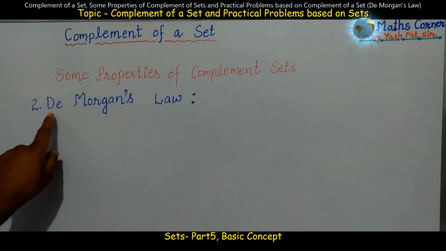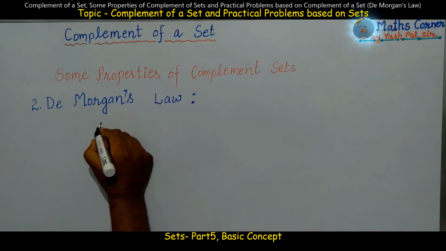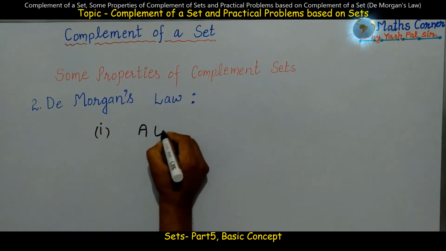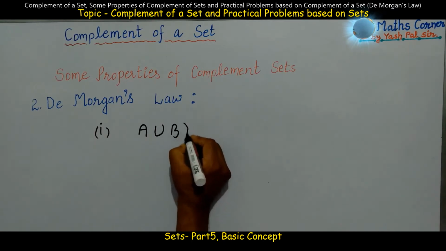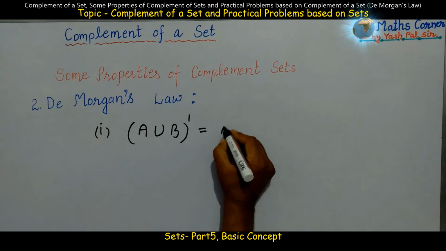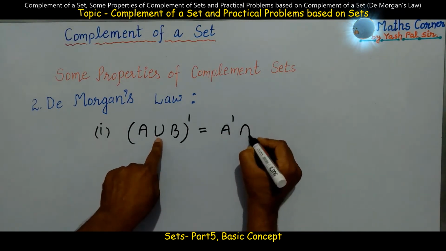Next is De Morgan's law. Here we have two laws. Number one: A union B whole complement is equal to A complement intersection B complement, where union becomes the intersection sign.